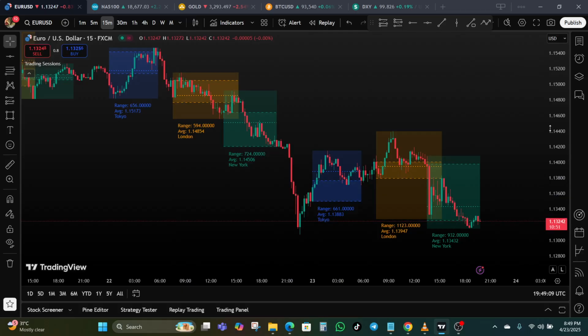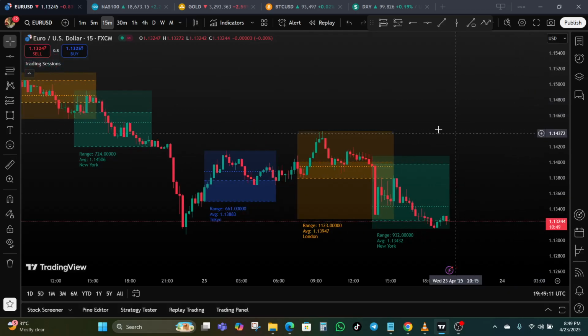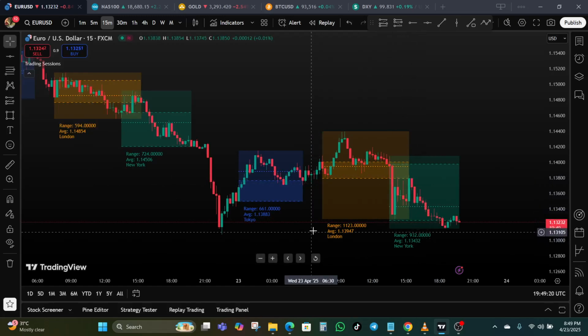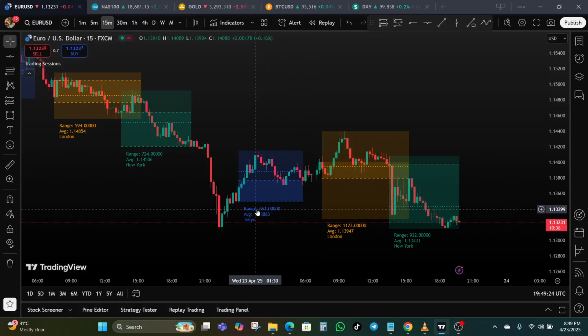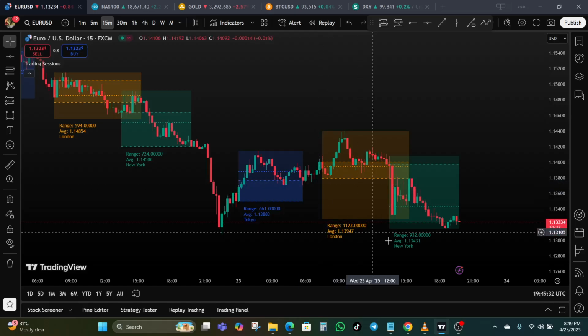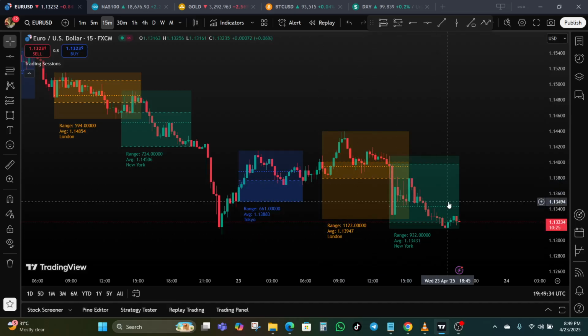For scalpers, you can target the first 2 hours of London and the overlap. For swing traders, you can use the Asian session consolidation to anticipate London breakouts. For news traders, you can lock into the New York releases.